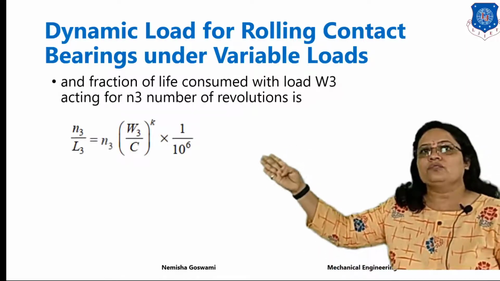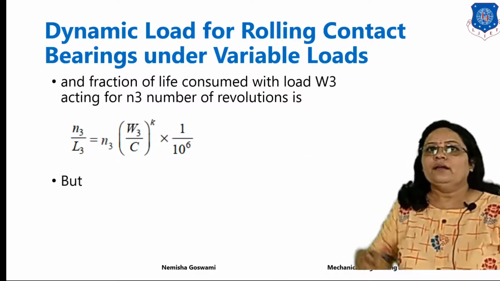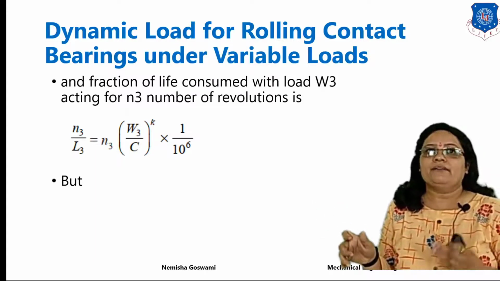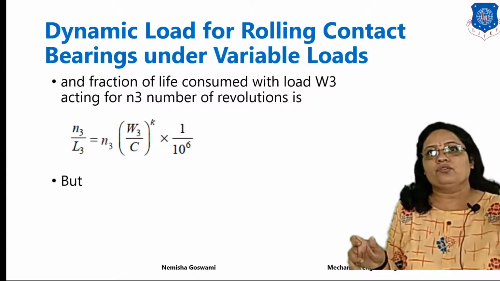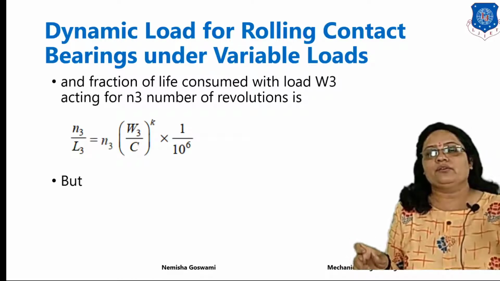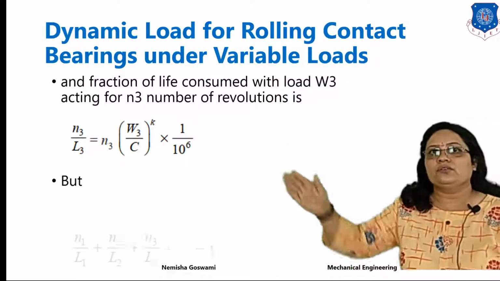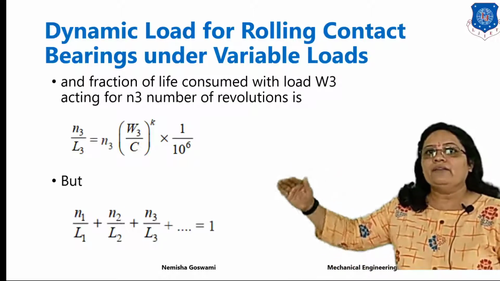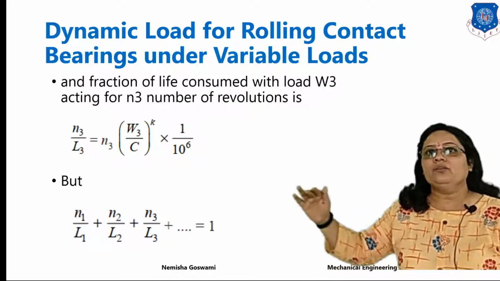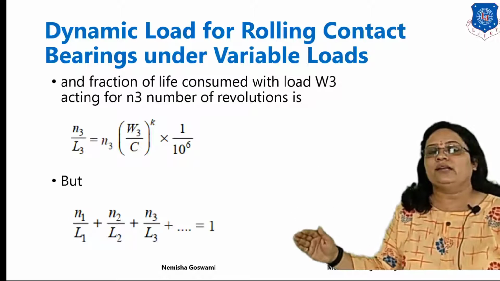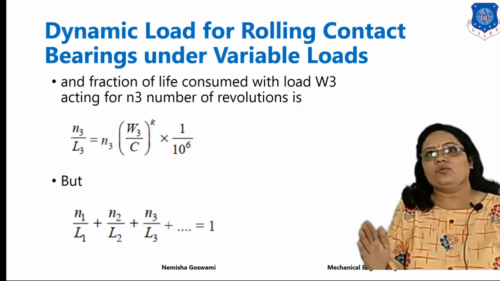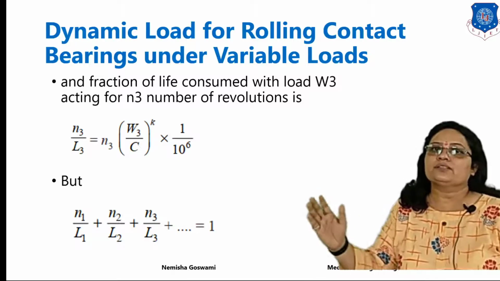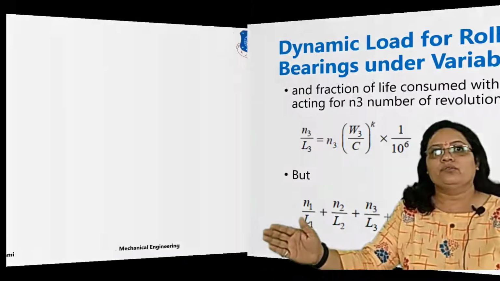I have written it also for W3. This is the fraction of life, right? So we can say that N1 divided by L1 plus N2 divided by L2 plus N3 divided by L3 and so on, summing all the fractions, is equal to 1.